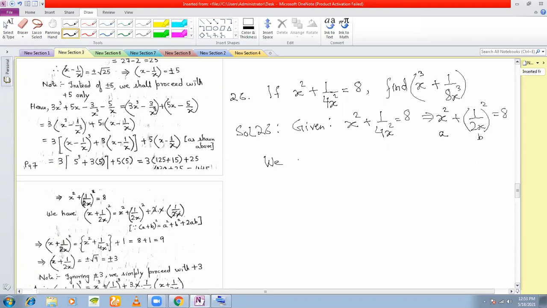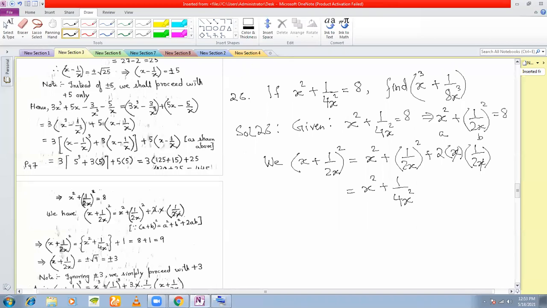So we will first find out a plus b, x plus 1 by 2x whole square is equal to, we have x square plus b square plus twice ab. This and this cancels. So you get x square plus 1 by 4x square plus, and this 2 also cancels, plus 1.